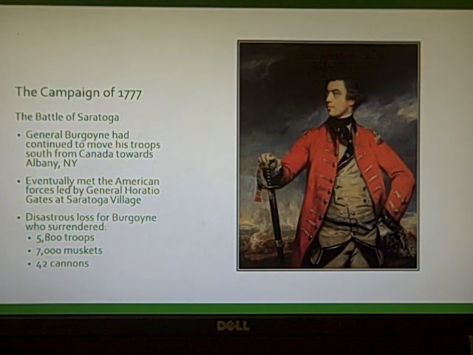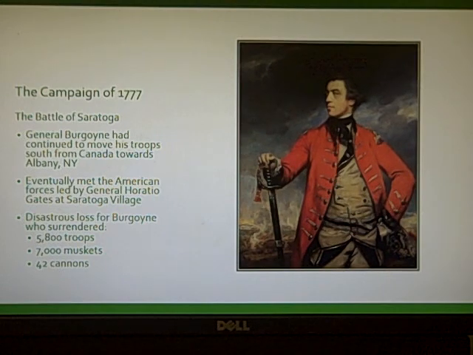Okay? By the time we get to 1777, right, we have General John Burgoyne, who has moved his troops from New York up along the Hudson, right, and we have the Battle of Saratoga, which is probably the biggest turning point of the war, right? The Battle of Saratoga is a significant defeat for the British, right?